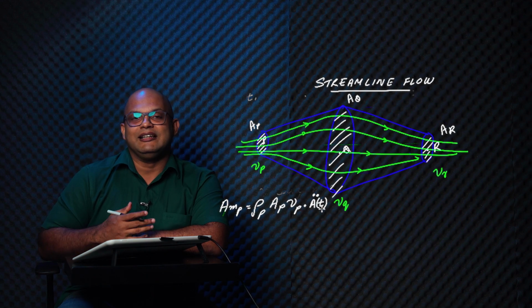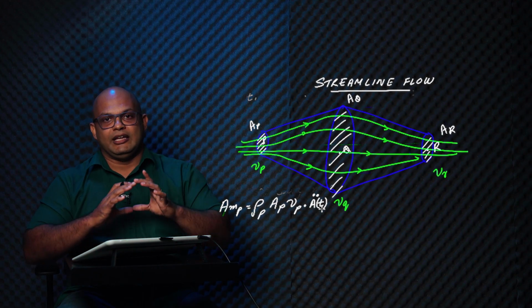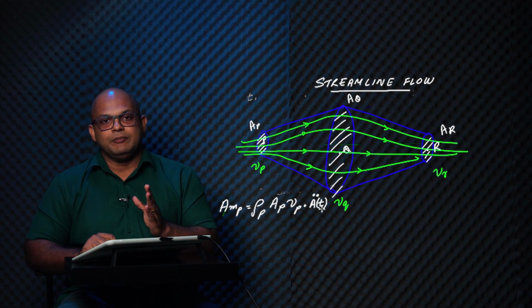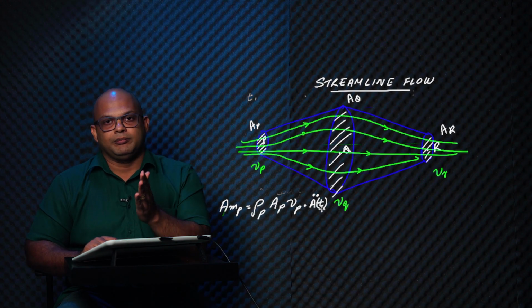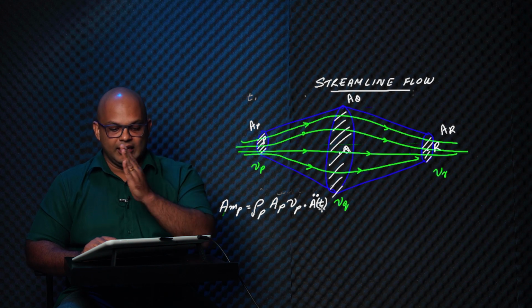Here rho is the density of the fluid, A sub P is the cross-sectional area of that region where the fluid is flowing, and Vp is the velocity of the water particles as they are crossing that cross-sectional area AP.